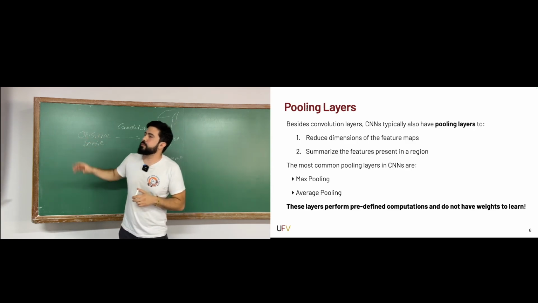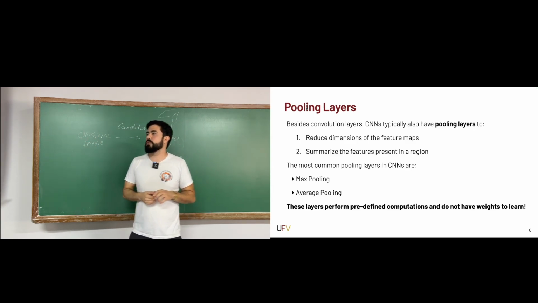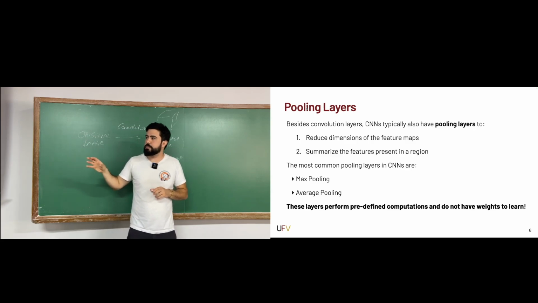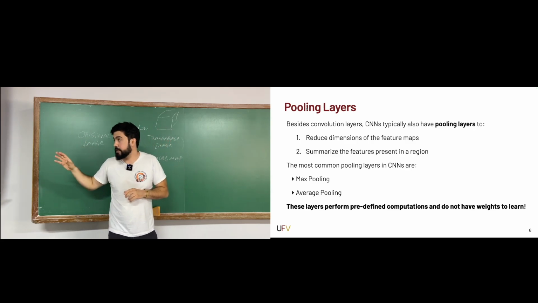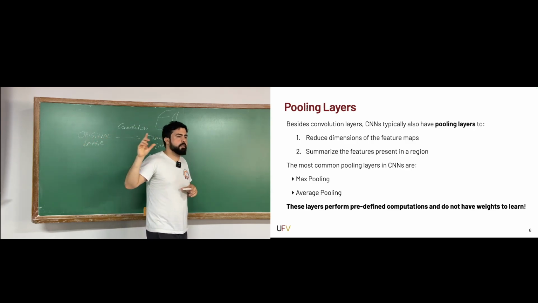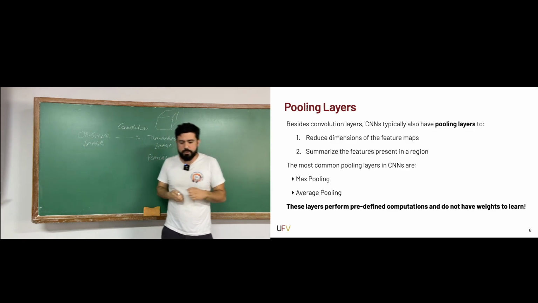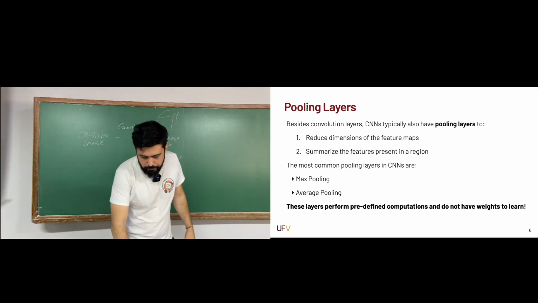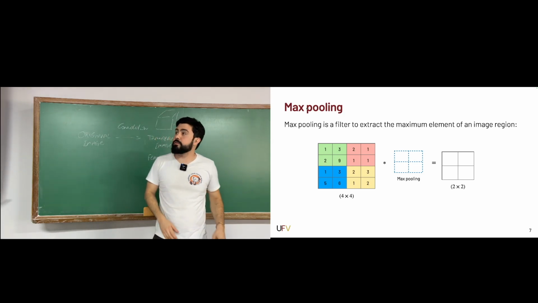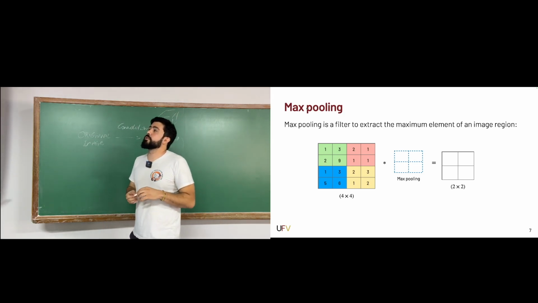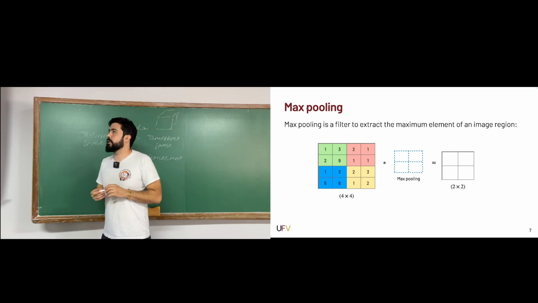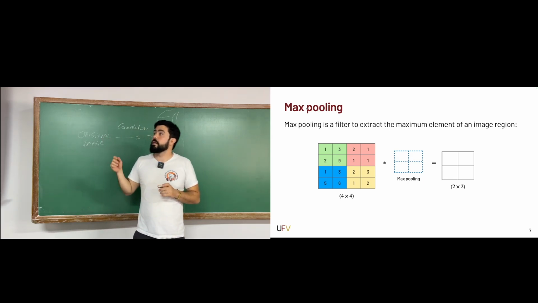There are two types of pooling layers that are most common, max pooling and average pooling. As I said, these don't have filters with weights in them. They're going to do predefined computations. So let's look at max pooling first, which is the most used pooling layer nowadays.